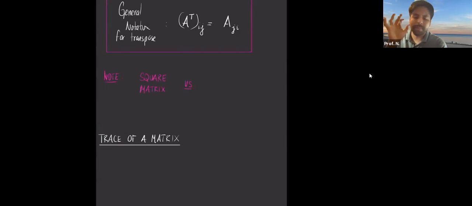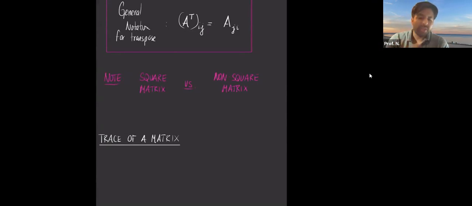So we have square matrices versus non-square. Eventually, it will matter what kind of matrix you have because certain matrices, you can't apply certain things. Like, for example, when we talk about determinants, it makes no sense to talk about the determinant of a non-square matrix, but it has all the sense in the world to talk about the determinants of square matrices.